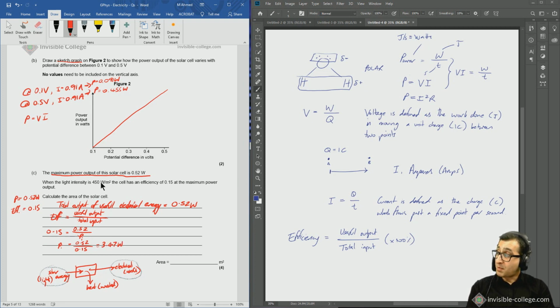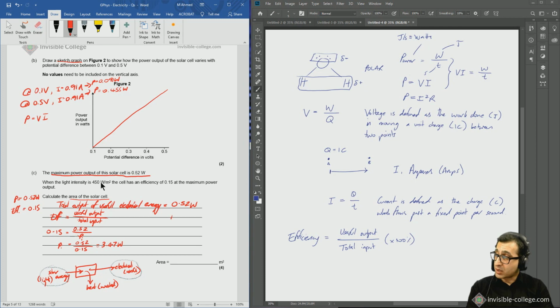But the total input power for every meter squared is 450 watts. We're trying to find out the area of the cell. It's watts per meter squared. Look at the units here.